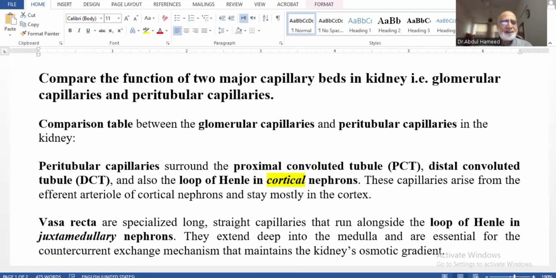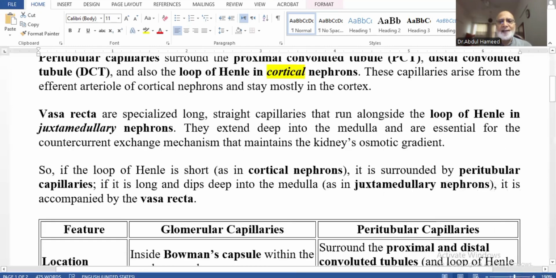Otherwise, the vasa recta are specialized long straight capillaries that run alongside the loop of Henle in juxtamedullary nephrons, which are very deep in the medullary region, and they are present in those animals which secrete highly concentrated urine, living in deserts and the like.